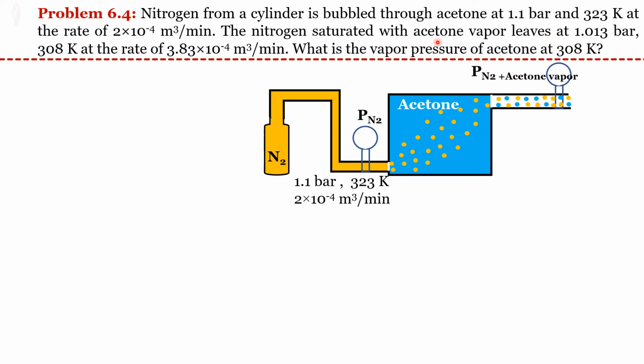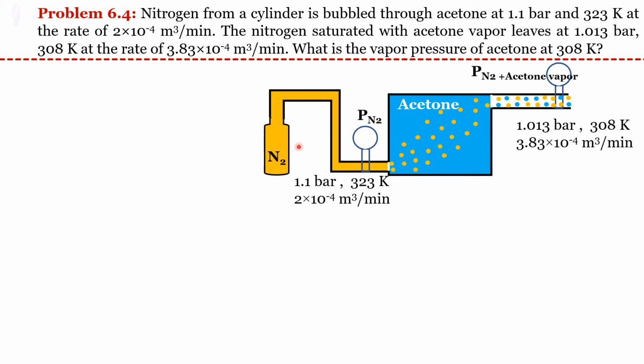Nitrogen saturated with acetone vapor leaves at 1.013 bar and at a different temperature, that is 308, and at a different flow rate. So we can write these values. Now we have to find the vapor pressure of acetone at this particular temperature.